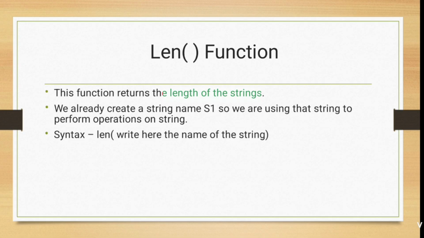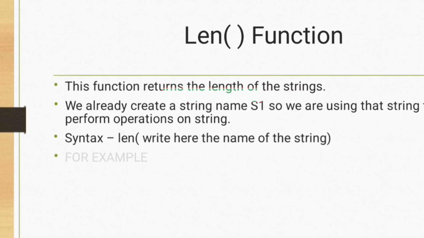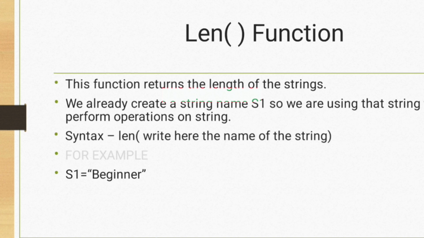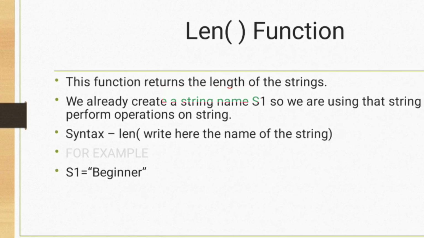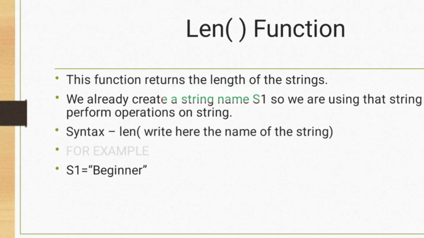Syntax. So len function का syntax क्या होता है? First you need to write the len word, and inside the parenthesis you need to give the name of the variable in which you stored your string. Now see the example, s1 is equal to beginner. We have s1 variable and beginner string.